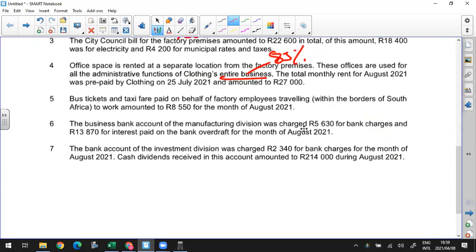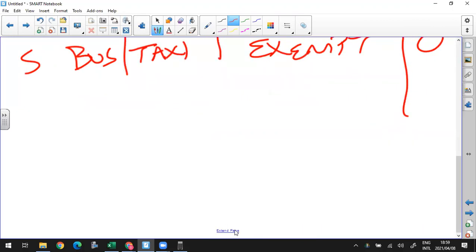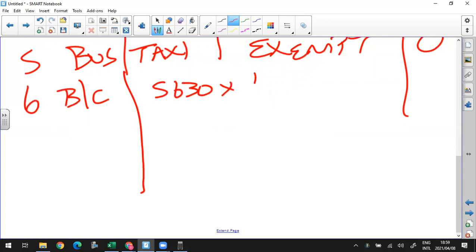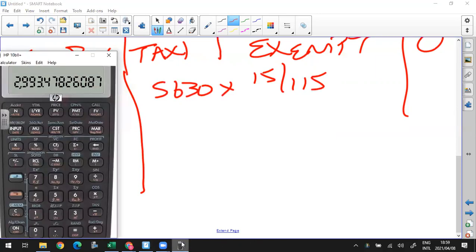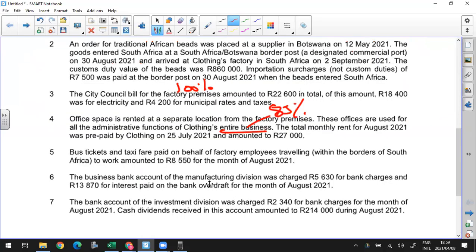Number 6, the business bank account was charged 5,630 for bank charges, 13,780 for interest paid. Exactly the same as what was in the 4861 test. So bank charges were 5,630 times 15 over 115. Is it used for the whole business or the manufacturing division? It says manufacturing division.